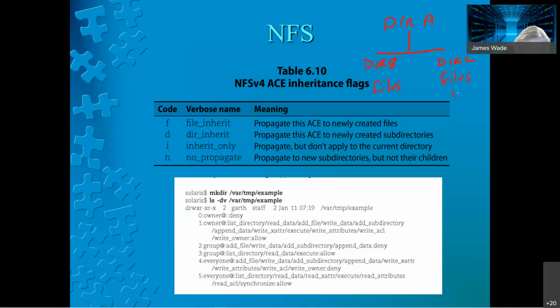I might even have another directory under here, directory D. And let's say I set the permissions here to read, write, execute. And I'm not going to give an ACL example. I'm just going to go with old style to give you the point of what inheritance is. Read, write, execute, read, execute, and that's the privileges of directory A.